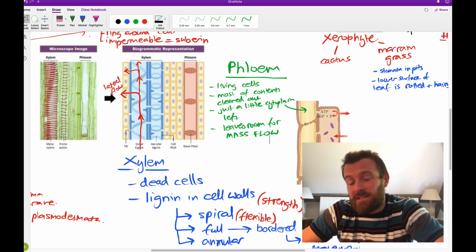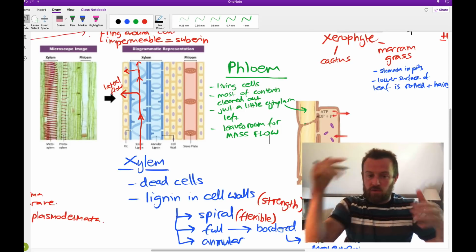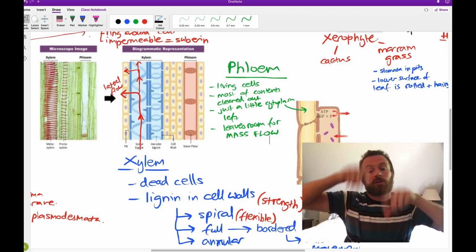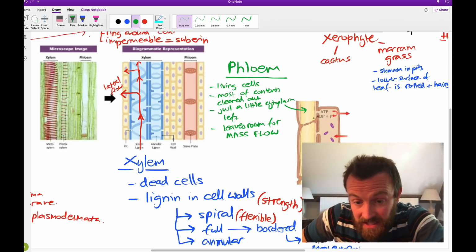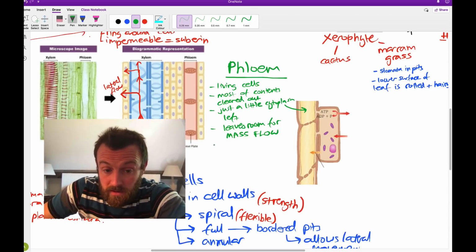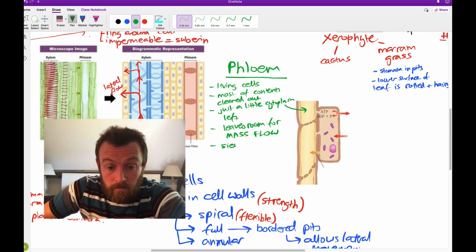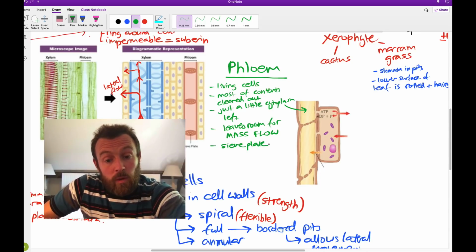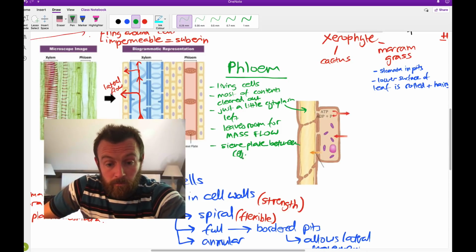So it's called a sieve plate. The end is perforated. It's got lots of little holes, many plasmodesmata to the next one. So this is the sieve plate here. Sieve plate between cells. And there is that, okay?